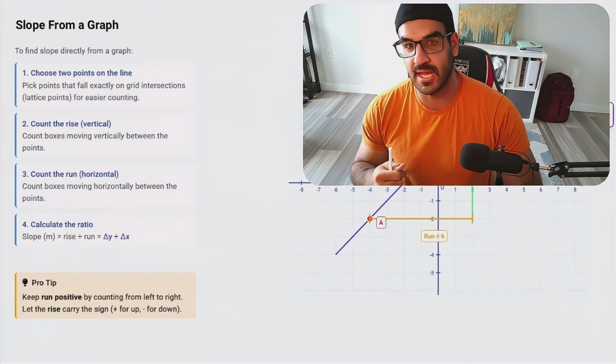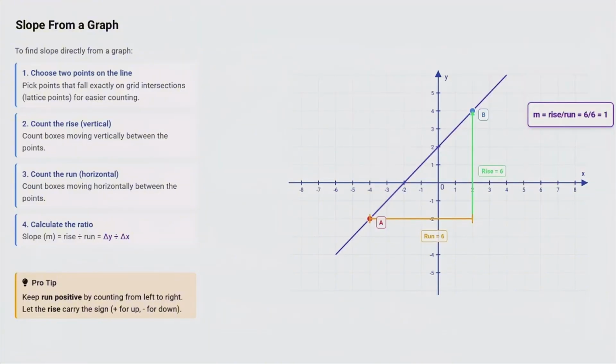So let's look at this example and let's follow the steps. The very first step is that we have to choose 2 points. Again, whatever 2 points you need. Again, be careful, those 2 points shouldn't be the same, obviously. For instance, one is A and another one is B. So we have 2 points. Right now we have to count the rise. Rise means whatever is happening on the y-axis from A to B. If I count that, I do have 6 steps to the top.